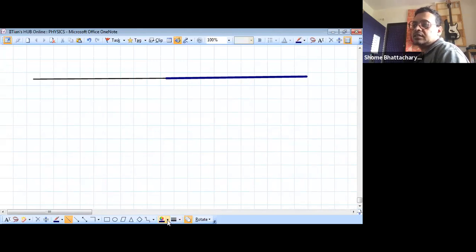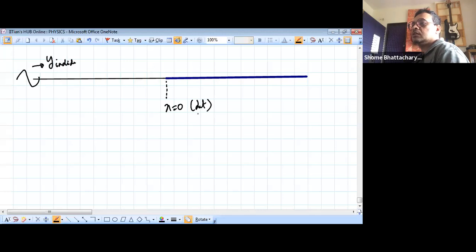Because the medium is heavier on that side, it offers resistance. See, the incident wave is coming from the lighter side, and it's trying to move the junction point. So let me take the junction point as x equal to 0.